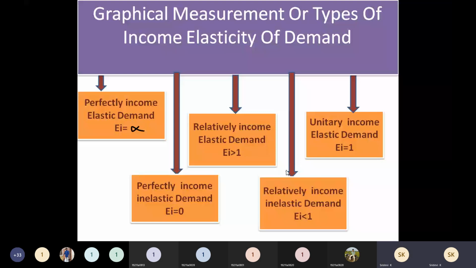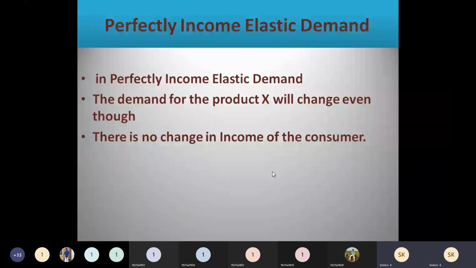In perfectly elastic demand, only one thing will be changing, either demand or the income. Here, because it is showing perfectly elastic demand, we are saying that demand is changing and income is constant.